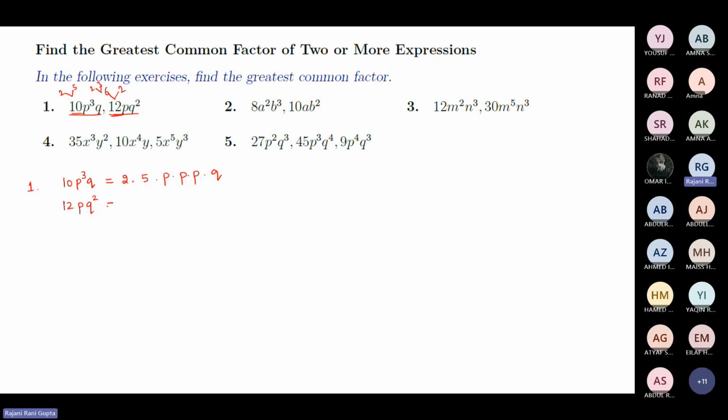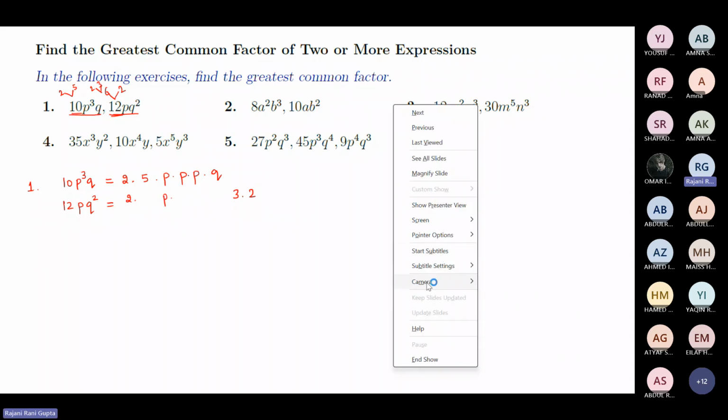So we get the factors as 2 times 3 times 2, and then p one time. Okay, let me write it in this way so that it will be easier for us.